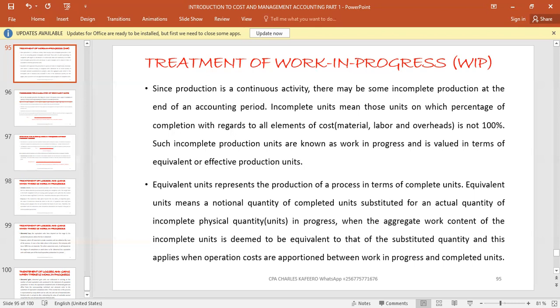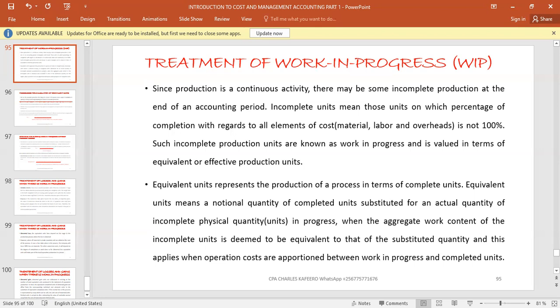So we need to look at each element of cost differently in terms of its completion, because different workers work in different processes and we incur different costs in regards to the employees who are working in different departments.